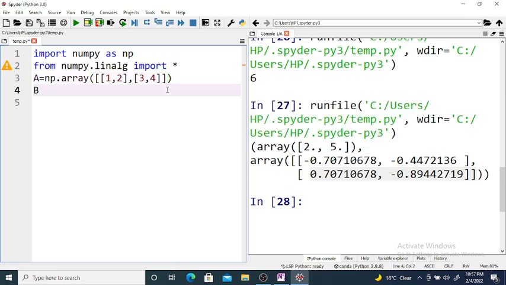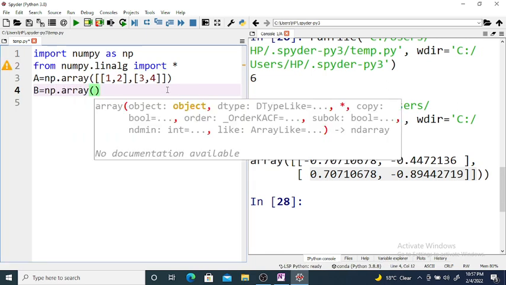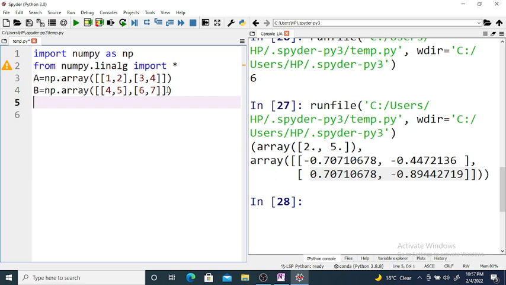Similarly, matrix B is equal to np dot array, [4 5; 6 7]. Now to find the product of the two matrices, just write down the command.